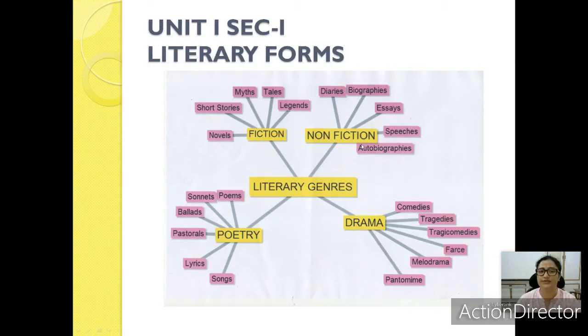As far as the course is concerned, we will focus on what poetry is and what its basic forms are, what drama is and what its basic categories or forms are, and so on and so forth.